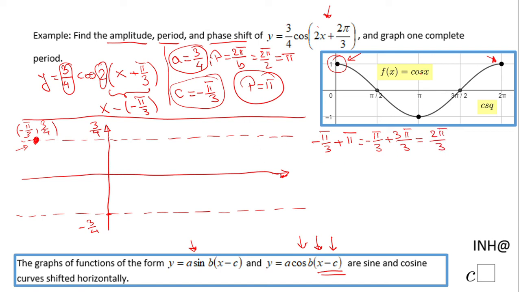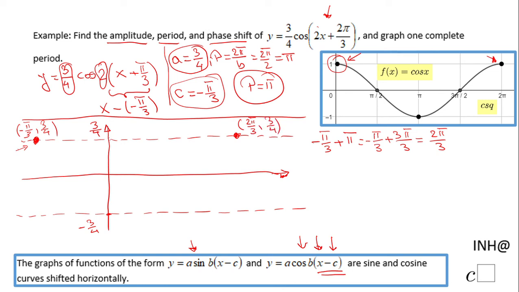So the second maximum for this cosine function, and the fifth point in the cycle, is going to be at 2 pi over 3 and 3/4. Let's say it's somewhere right here.